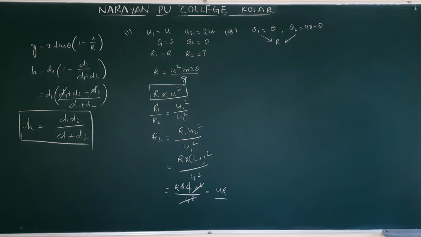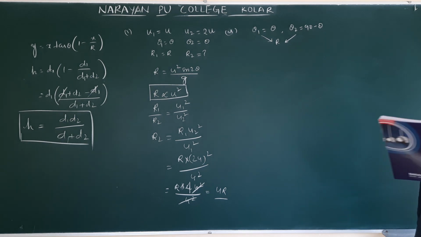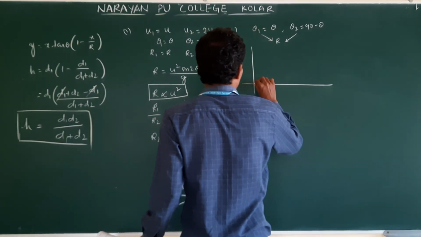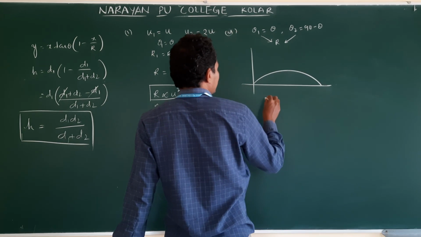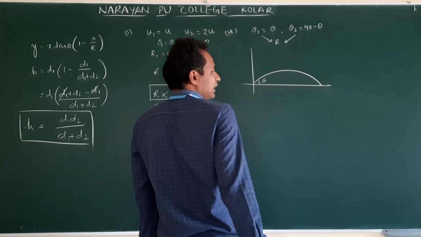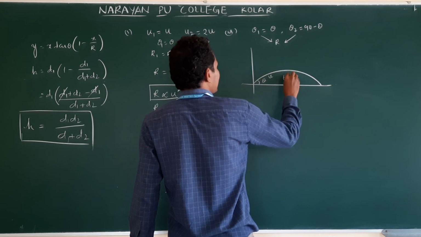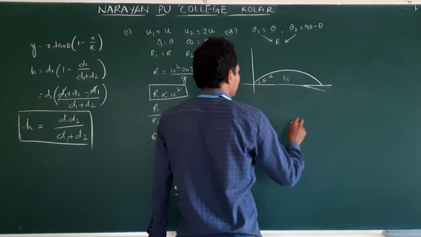R is the same. Next, if T1 and T2 are the times of flight in the two cases, then what is the product of the two times of flight? Clear? Suppose I draw the situation: this is theta, the angle of projection, the initial velocity is the same, and for this case the total time of flight is T1.